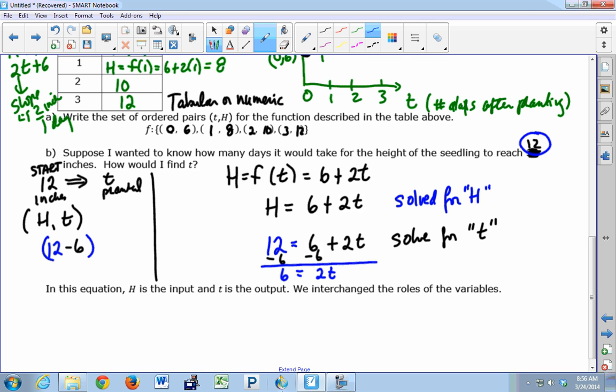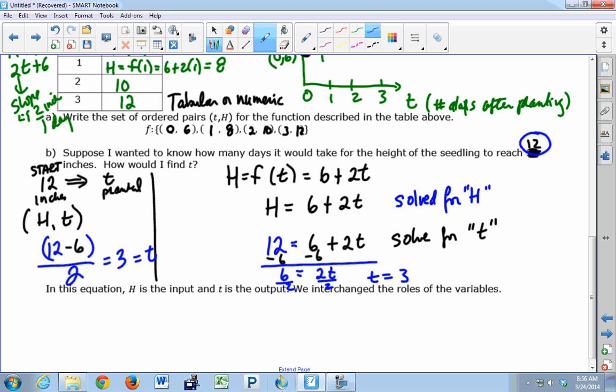Someone else other than Kenneth, want to help me with the last step here? Sam? Divide by 2 on both sides. t equals 3. Okay. So our final result is the number of days. So in this particular equation, h is the input. The height is going in, and what comes out is the number of days.